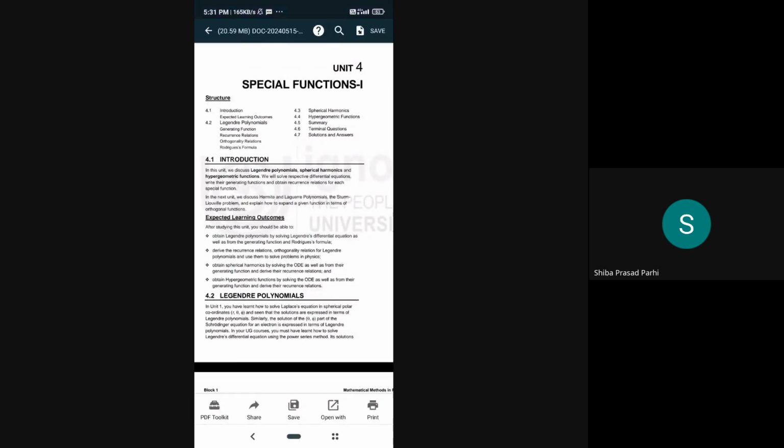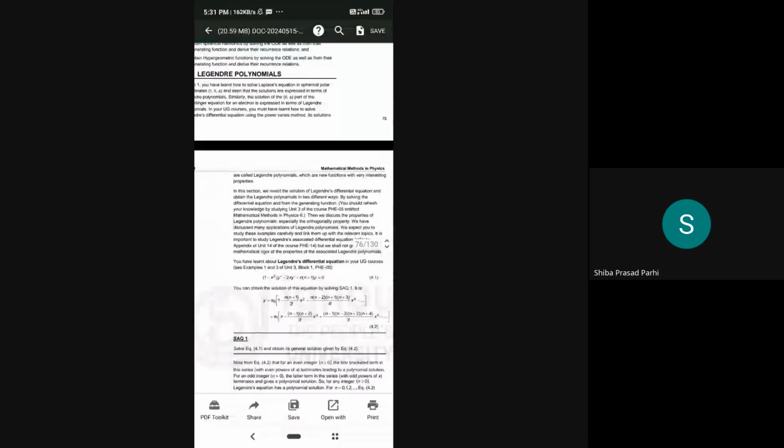Then the next is Legendre polynomial. See, I have told in my previous class from 4 to 5 that the Legendre differential equation can be written as (1 minus x square) y double dash minus 2x y dash plus L into (L plus 1) y is equal to 0.